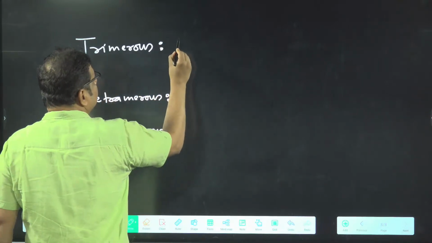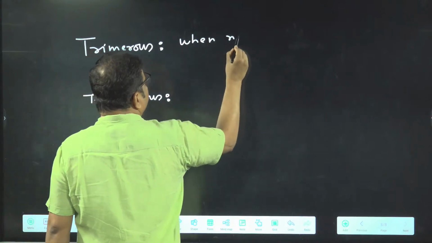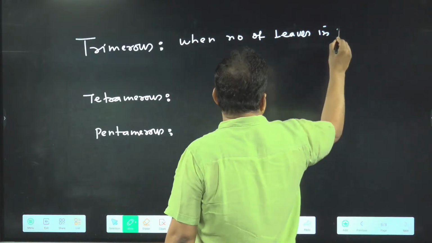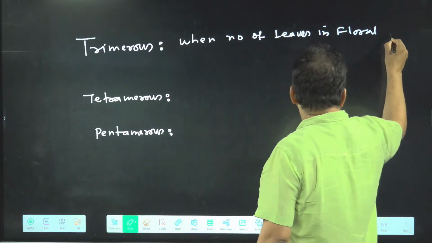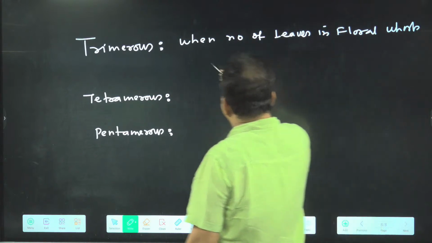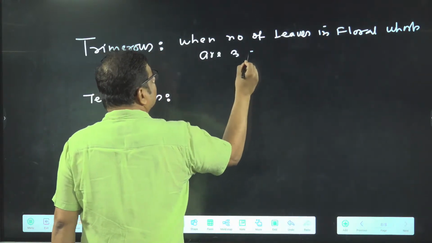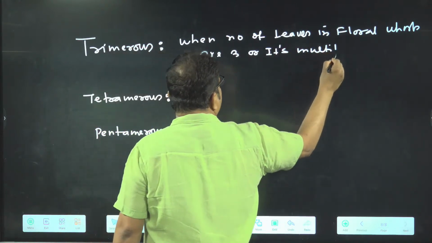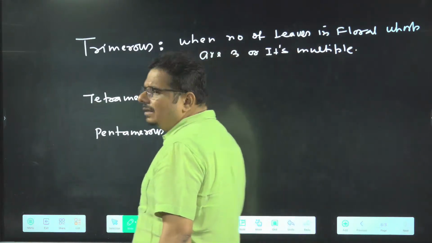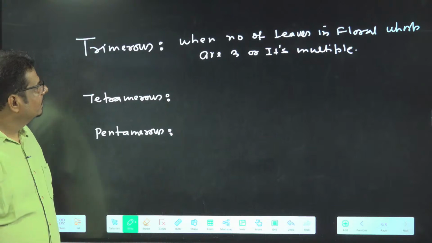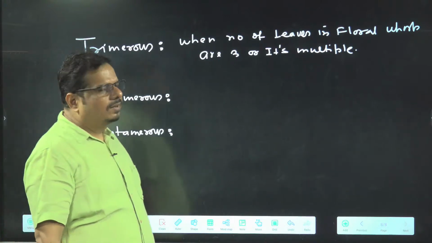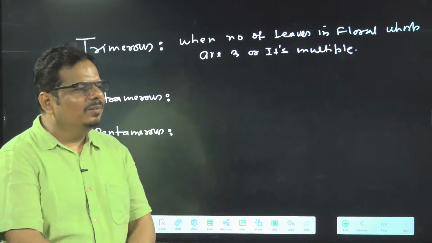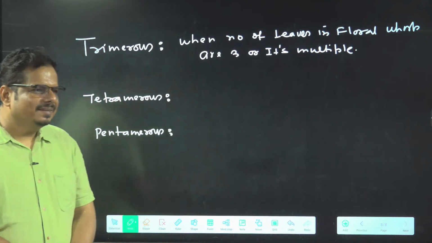Trimerus is when the number of leaves in floral whorls are 3 or its multiple. 3 or its multiple. It is called what? Trimerus. Getting the things?